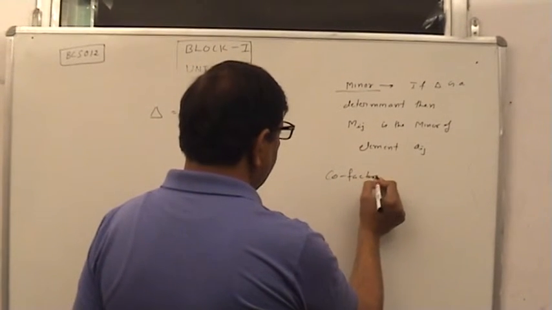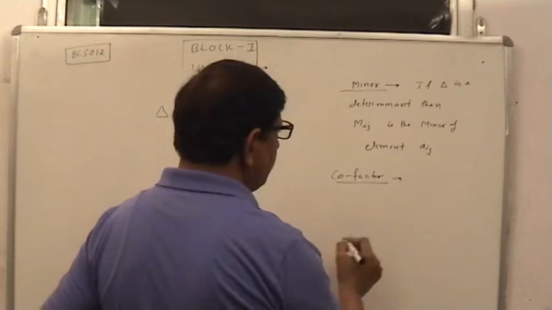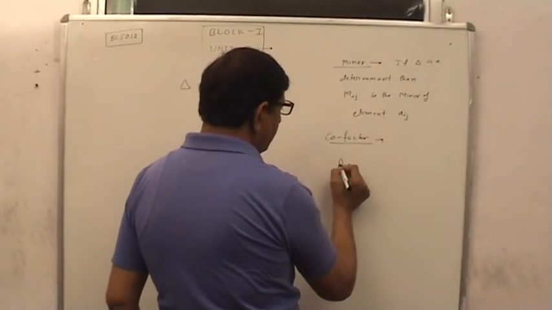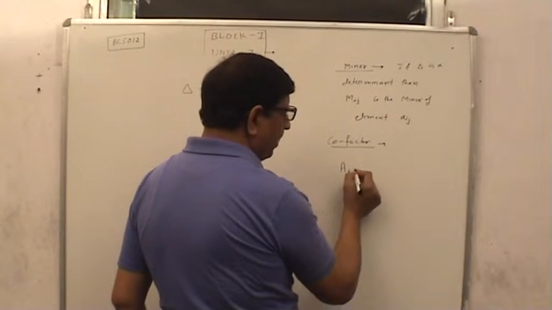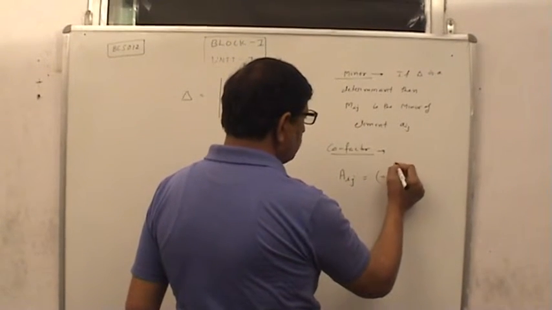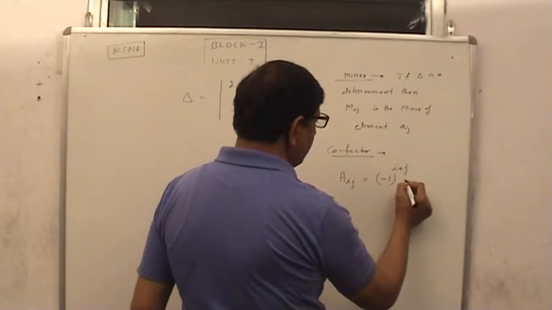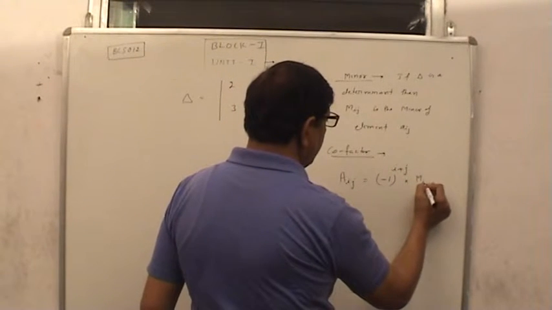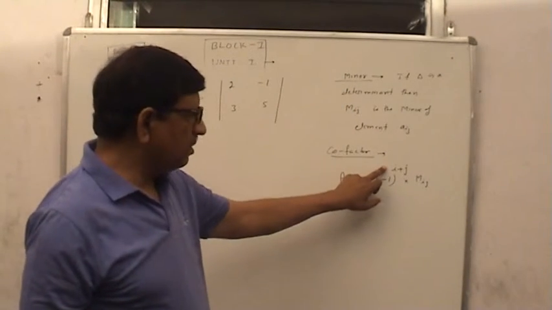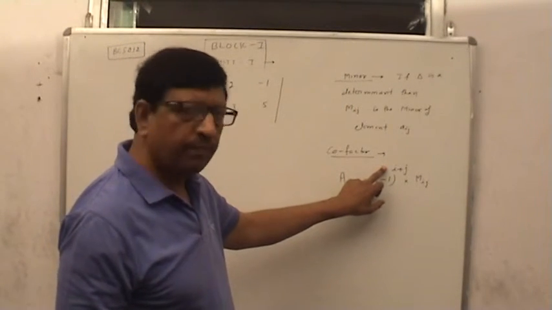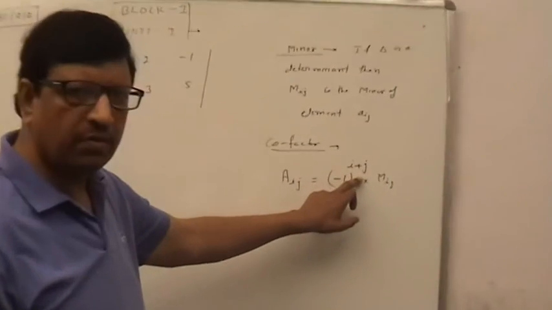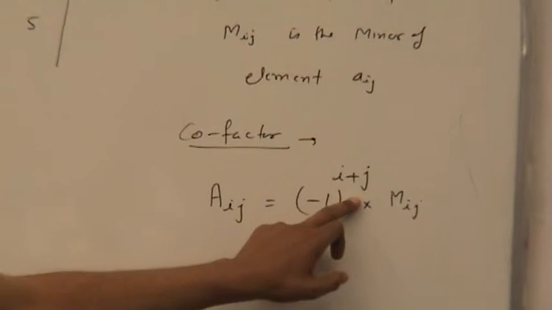A cofactor is denoted by either a capital or small letter. Aij is equal to -1 raised to the power i plus j into Mij. i means the row number of an element and j means the column number of the element.